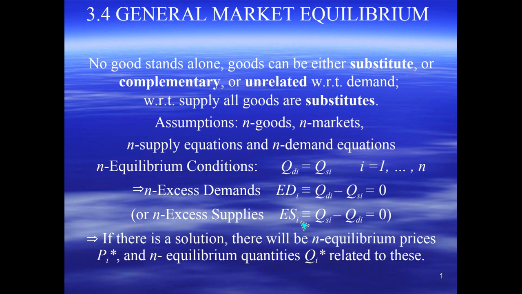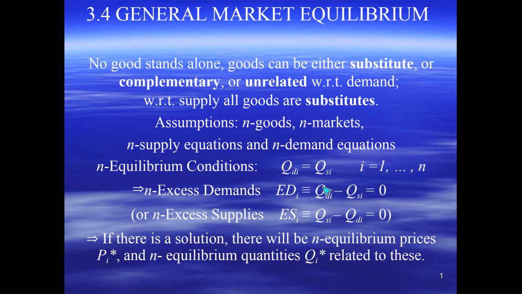So excess supply is QS minus QD, the part of supply over the demand. ESi means excess supply in the ith market for the ith good, which is defined as QSi minus QDi equals 0, which means the part of the quantity supplied over quantity demanded is 0, so they are equal.